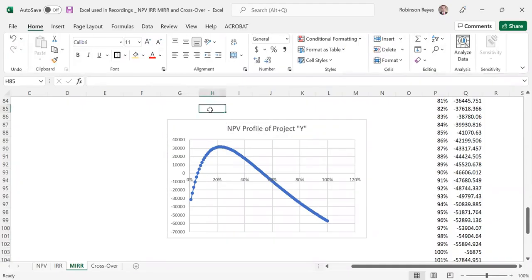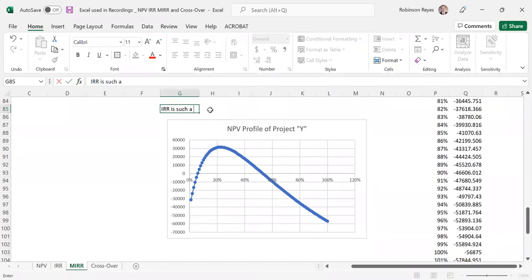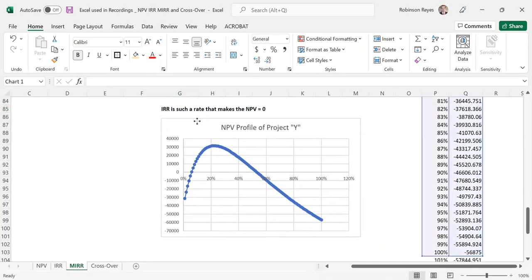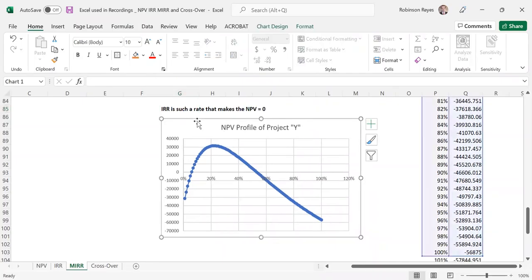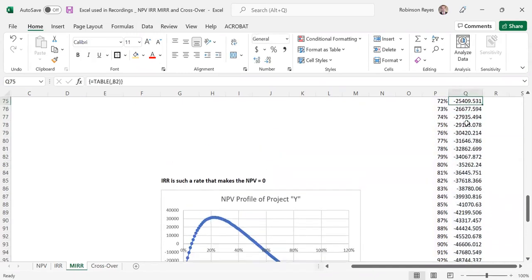Now, before, the definition of IRR is such a rate that makes the net present value equal zero. Hey, guess what? We have more than one IRR in this case. So when the cash flows of a project are not conventional, the project is not conventional, it is possible. And so we identify, well, this is happening.